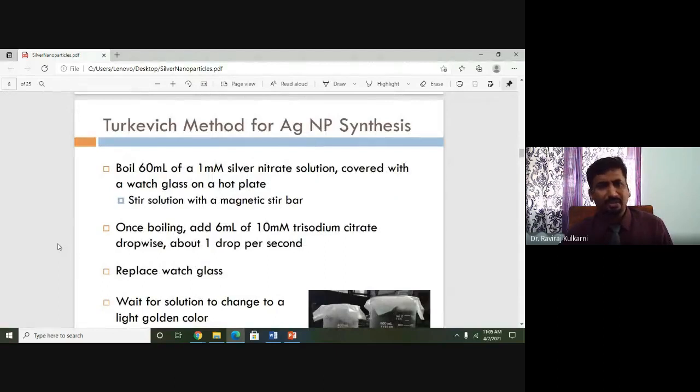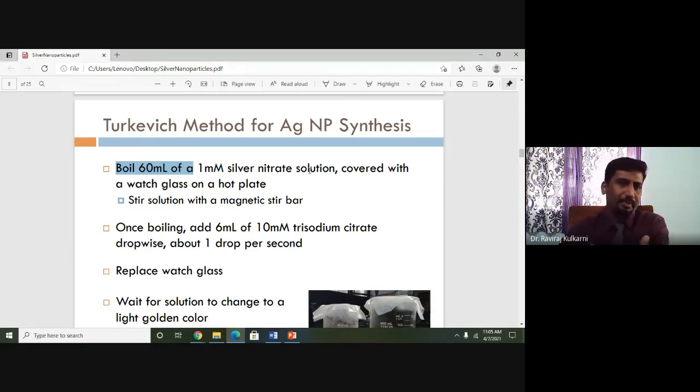Turkevich method of nanoparticle synthesis. Usually they use a hot silver nitrate solution. They have used 60 ml of 0.001 molar, that is 1 millimolar, a very dilute solution of silver nitrate. We boil it. This reaction takes place at higher temperatures.